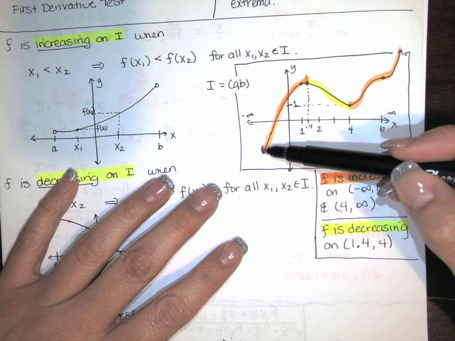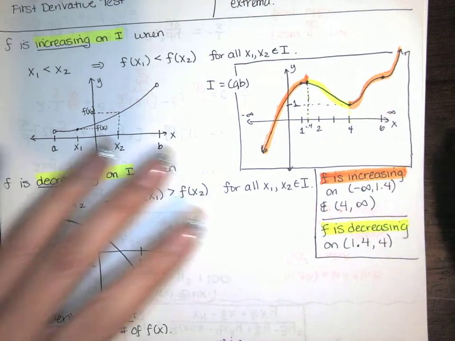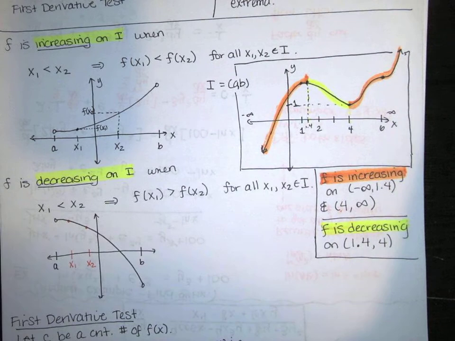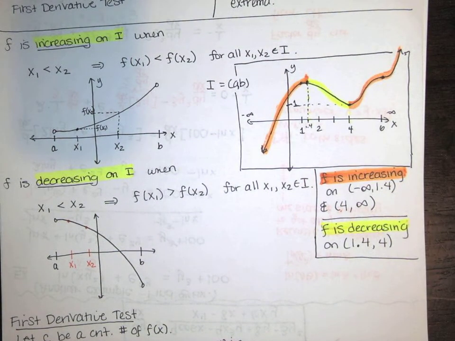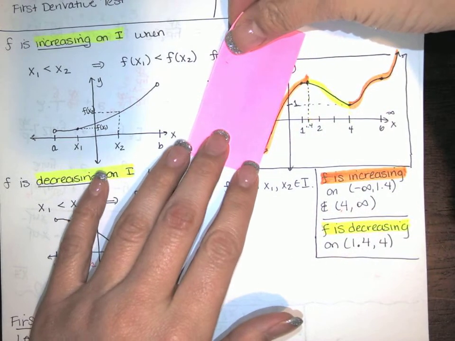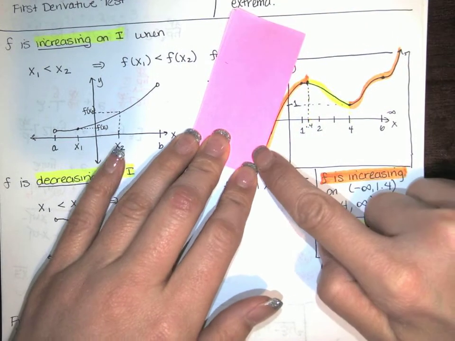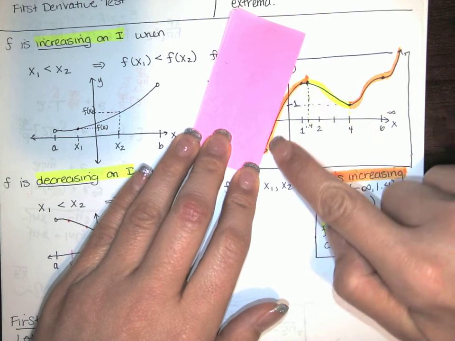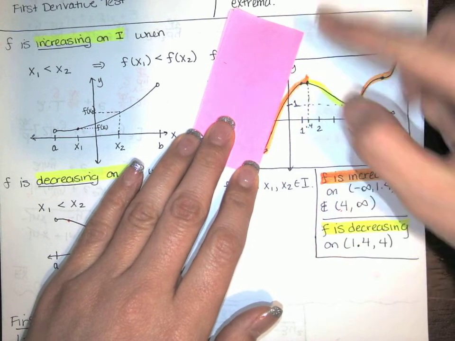Now notice, if I drew a bunch of tangent lines over here, let me get a straight edge, also known as a sticky note. So I've got my sticky note, my straight edge. It's playing the role of my tangent line. Look, if I draw a tangent line there, as you look at it from left to right, you see it's sloping up. It has a positive slope.